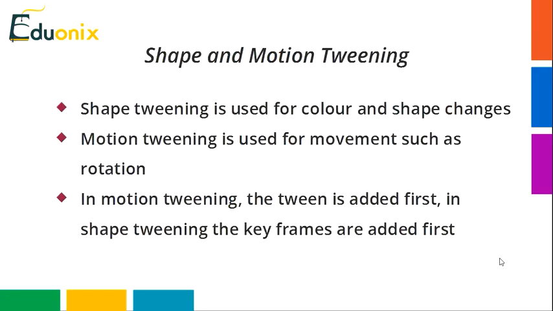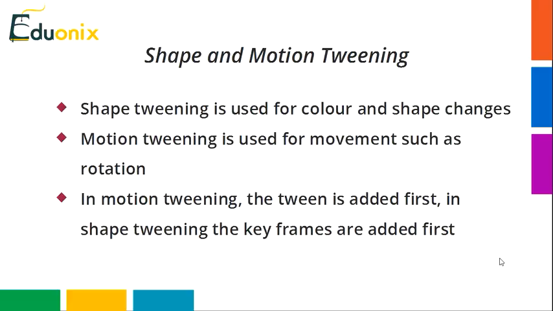And in fact there are two main types of tweening in Flash. One is called shape tweening and one is called motion tweening. Shape tweening is mostly used for colour and shape changes, whereas motion tweening is used for movement changes like rotations and translations. And there's a difference between how the two are set up.